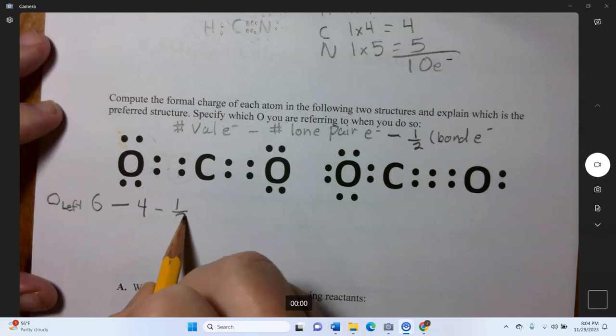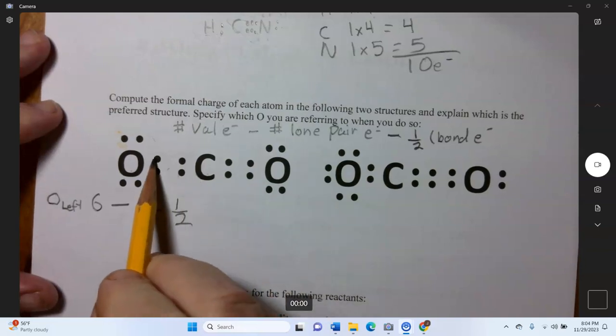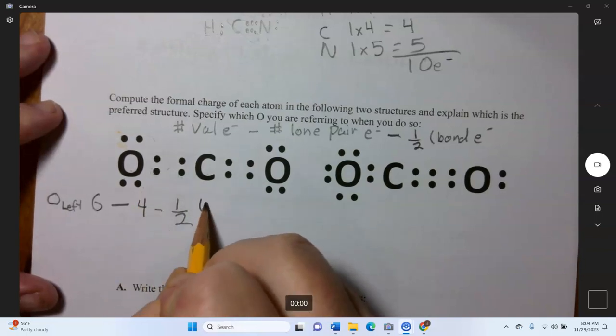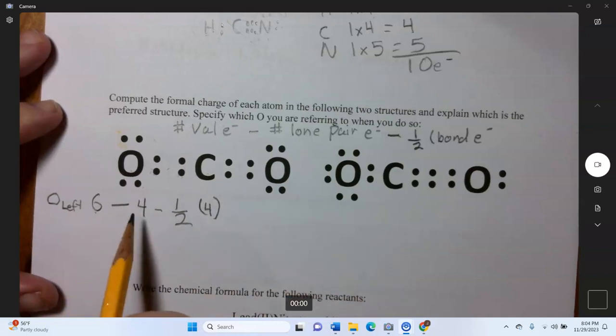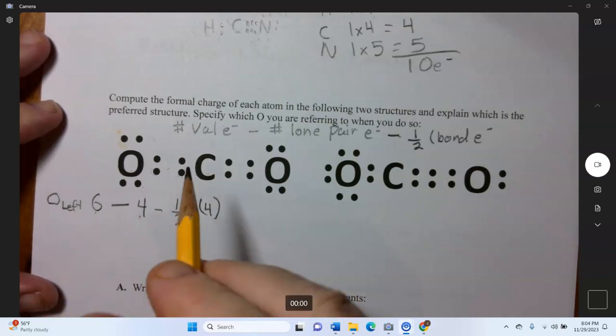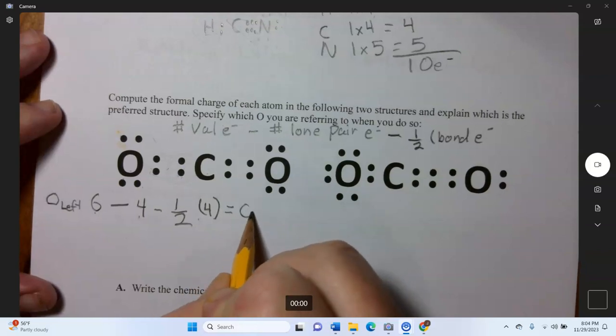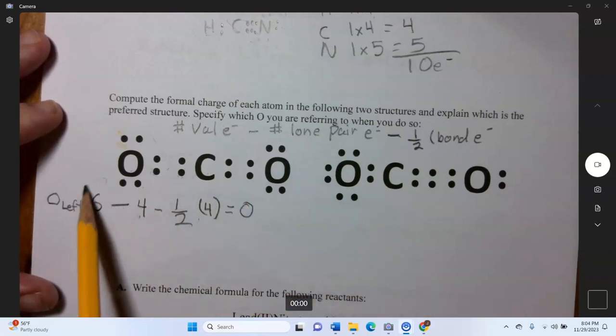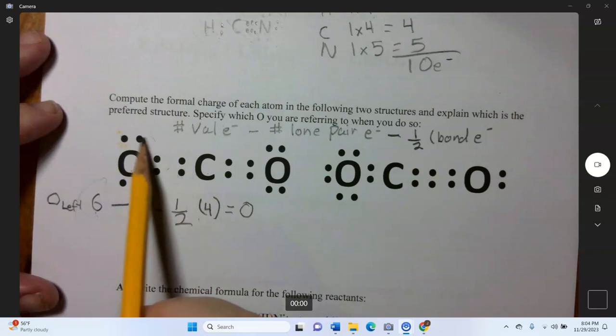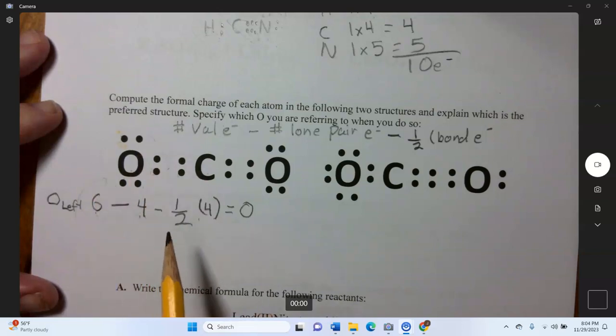Minus half of the bonding electrons with carbon here, 1, 2, 3, 4. So half of 4. So 6 minus 4 minus half of 4 is 2 equals 0. What that means is oxygen naturally has 6 valence electrons, and in this chemical bond, it feels like it has 6 electrons, so it's happy, it's comfortable. You want that number to be 0.